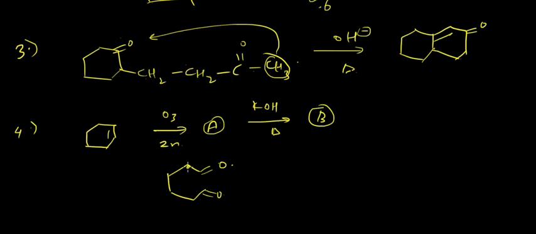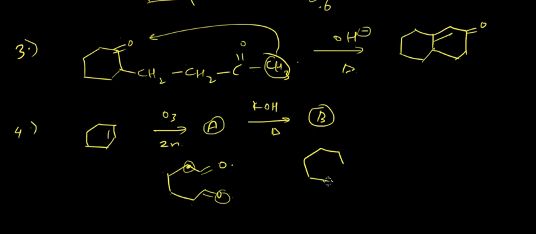If any of the CH2 minus attacks on this carbonyl, we would have 1, 2, 3, 4, 5, 6... first draw a six-member ring, then this carbon atom attacks. Actually, I drew it wrong.